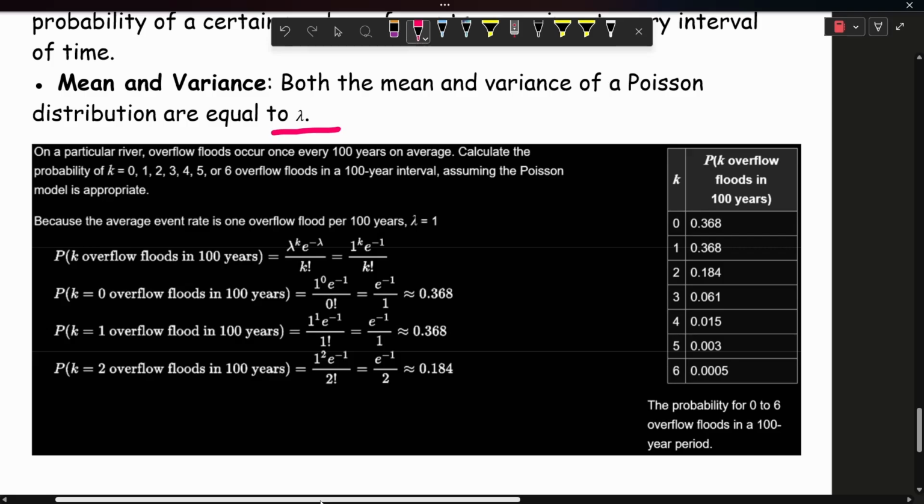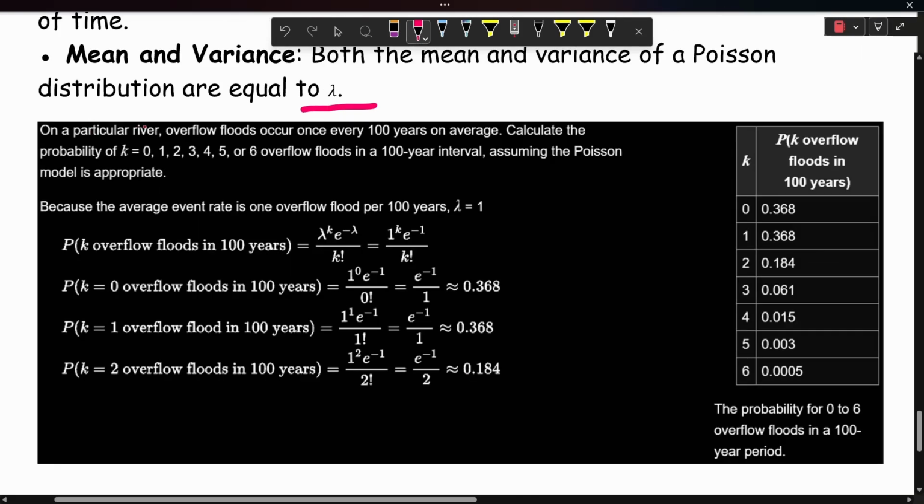Let's see an example. On a particular river, overflow floods occur once every 100 years on average. Calculate the probability of k equal to 0, 1, 2, 3, 4, 5 or 6 overflow floods in a 100-year interval. So there is a time interval given, and also the k values are ranging from 0 to 6.